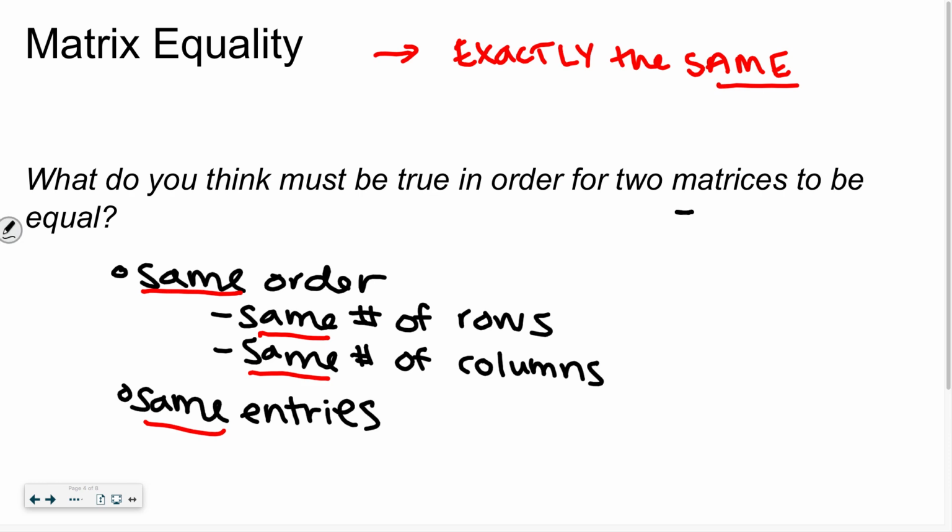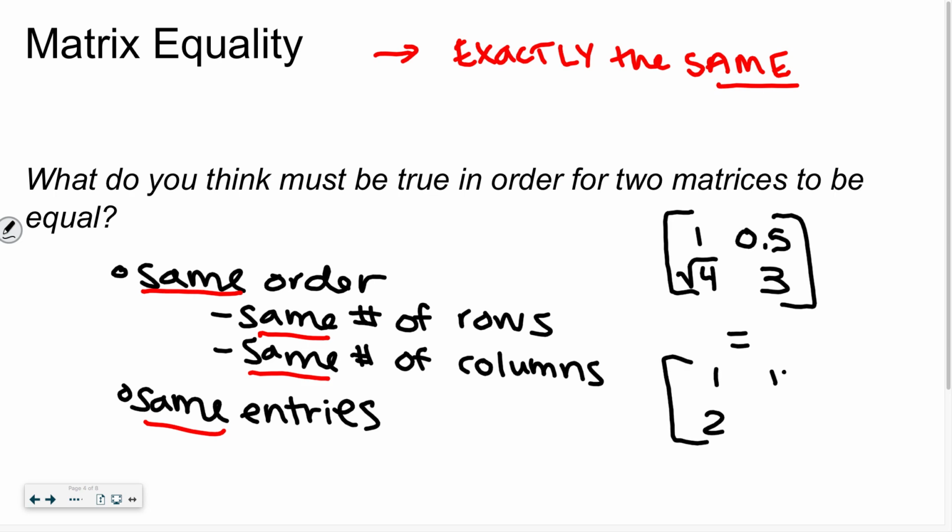So here are two. I'm just having a little bit of fun with that, but those would be equal matrices.